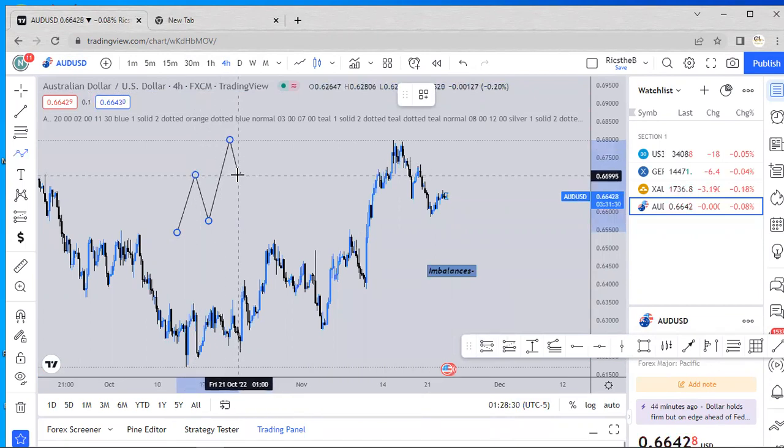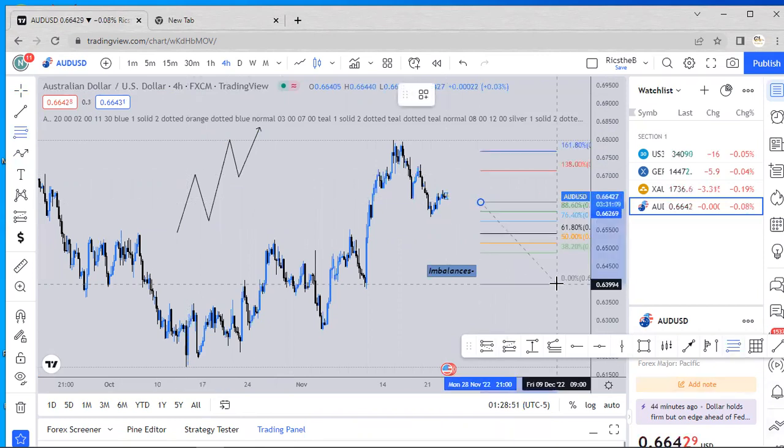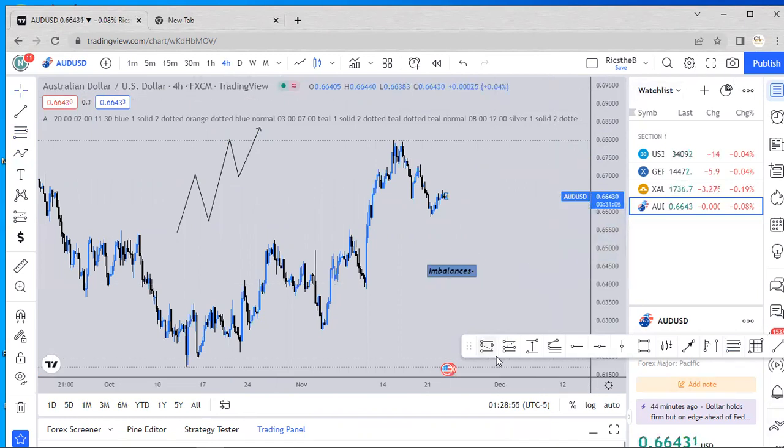Normally price is supposed to do a proper correction, or rather a proper pullback, to retest. Of course, not 100%. Retracement can happen from 38.2% all the way to 99.9% in the Fibonacci tool. Retracement can happen throughout those levels.